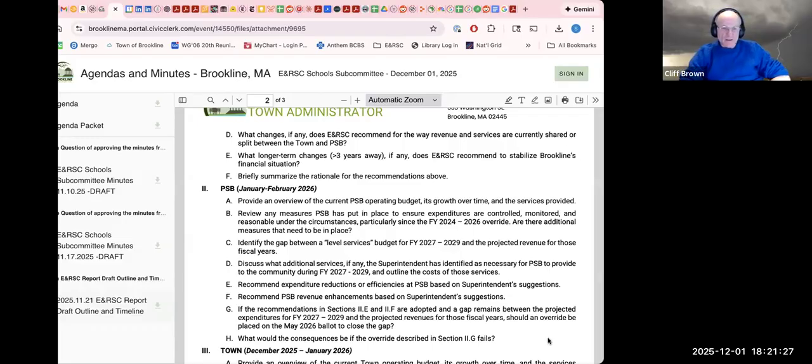And the recommendations of reductions or revenue enhancements only coming from the PSB sort of negates the possibility of any group coming up with any particular ideas. And I don't quite understand why things have been written the way they have.